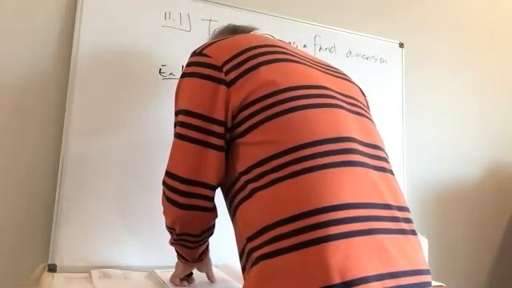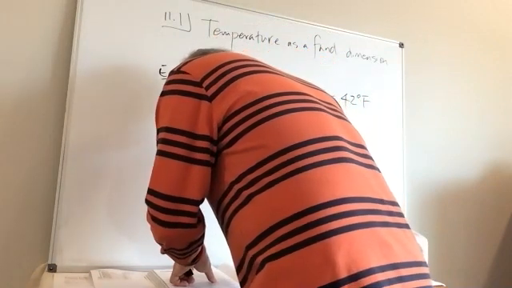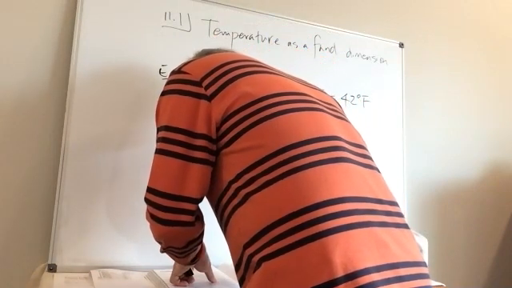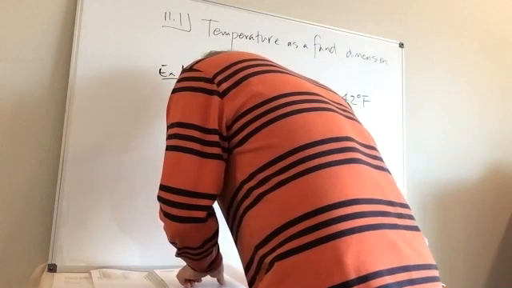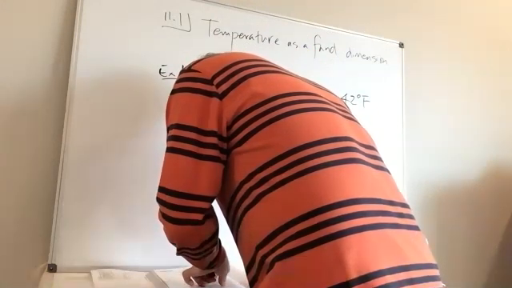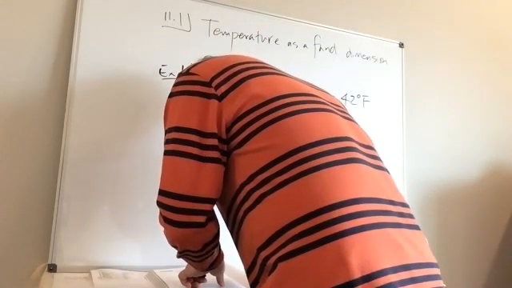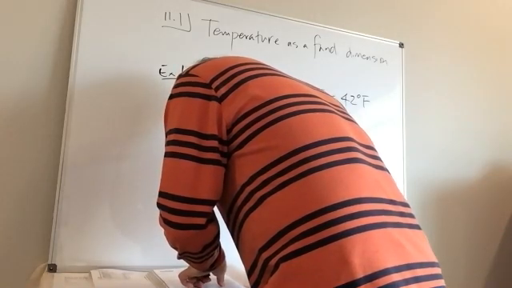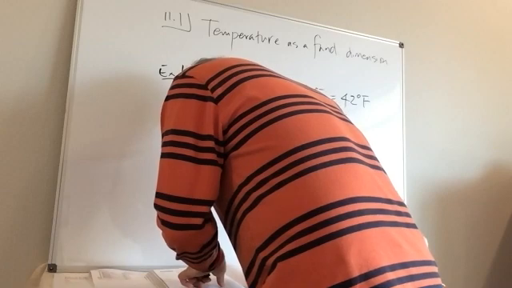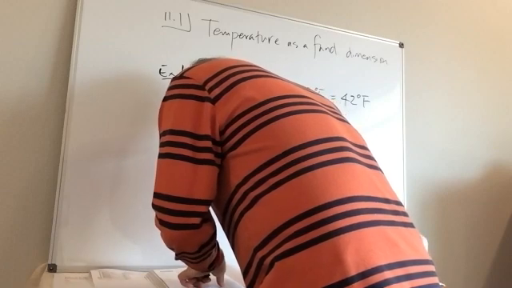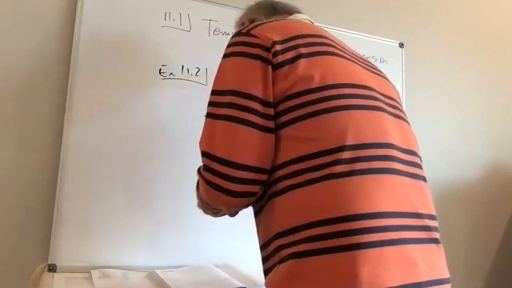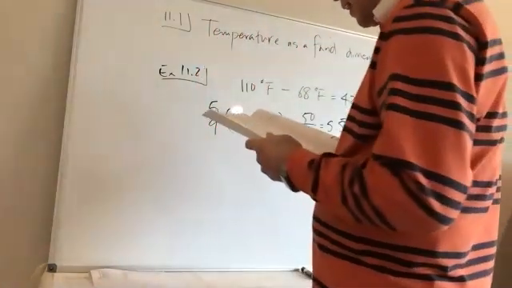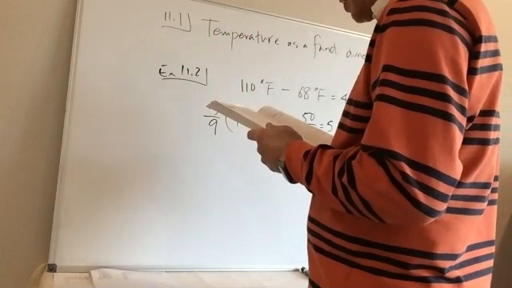Is that 5.55? Is that where we're at? Where are we at? In Fahrenheit. Okay, C. Okay, what are we doing here? Okay, I got that. A was good.